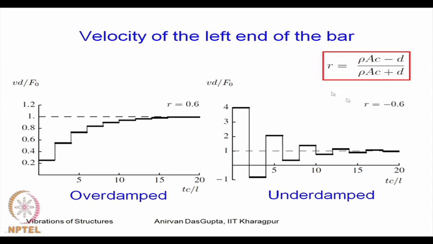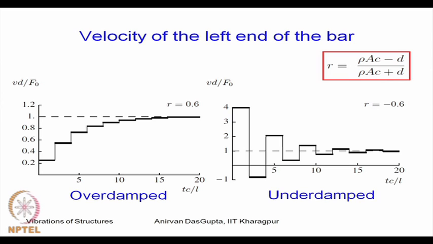On the other hand, if r is negative, which means d is greater than rho a c, which is the impedance of the semi infinite bar, what we find is an oscillatory behavior before it settles down to the steady velocity f naught over d. So, when d is less than the impedance of the bar, we obtain an overdamped kind of response.